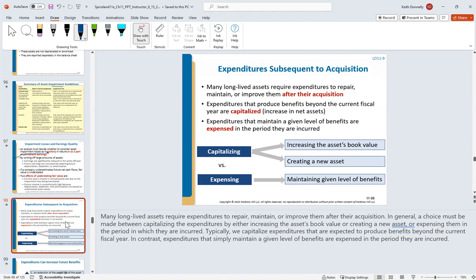Okay. So continuing, we've talked about, in the last chapter, all of those costs until we flip the on switch, we're going to capitalize. Then we talked about so far, after it, you're going to depreciate the fixed asset. We talked about the different ways. There's amortization, all that good stuff.